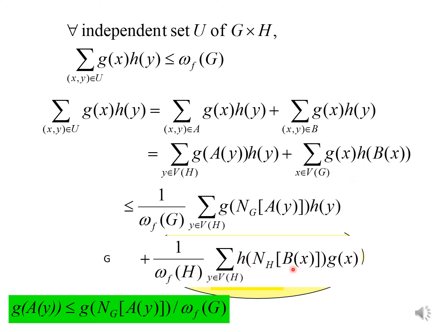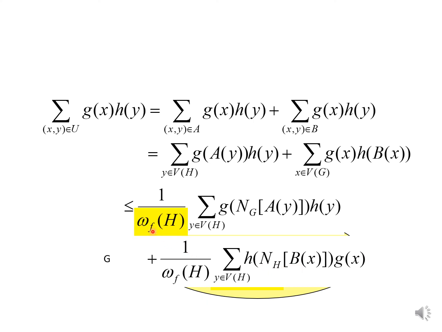And if I change this to the fractional clique number of H, the fractional clique number of H is less or equal to the fractional clique number of G. That's by assumption. So this becomes a bigger number, so the right hand side becomes bigger, so the inequality still holds. So now we have this inequality here.